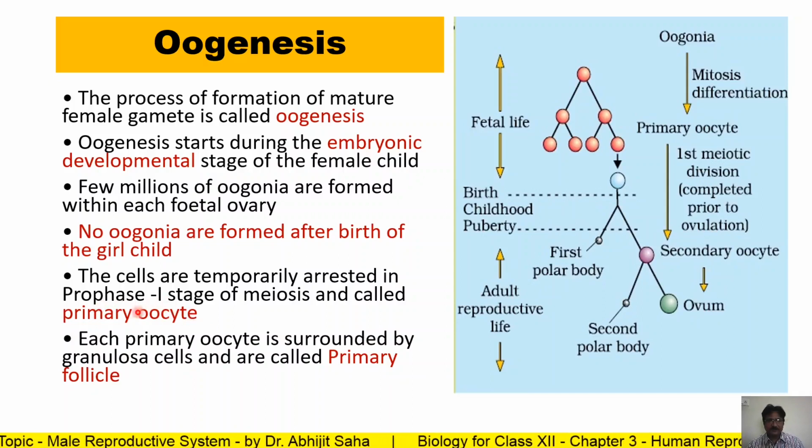Now, this primary oocyte, which will be forming the secondary oocyte and then the ovum, is surrounded by granulosa cells. And so, these granulosa cells and the primary oocyte will now be called a primary follicle.